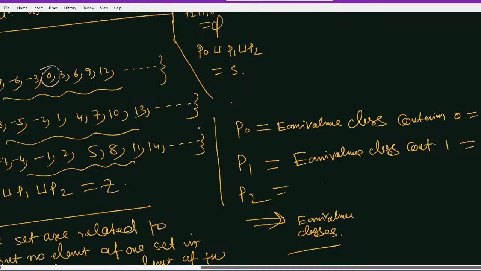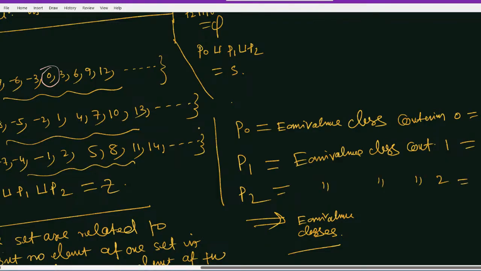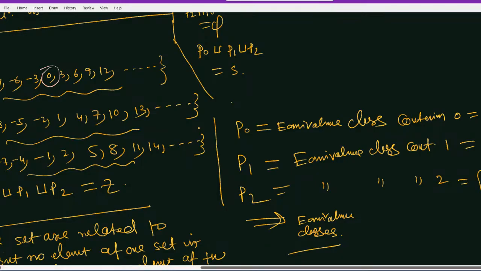P2 is what? Containing 2. You write this or this. Okay? So these 3 equivalence classes are there: 0 bar, 1 bar, 2 bar. They contain 0, 1 and 2. They are the least elements, magnitude wise.